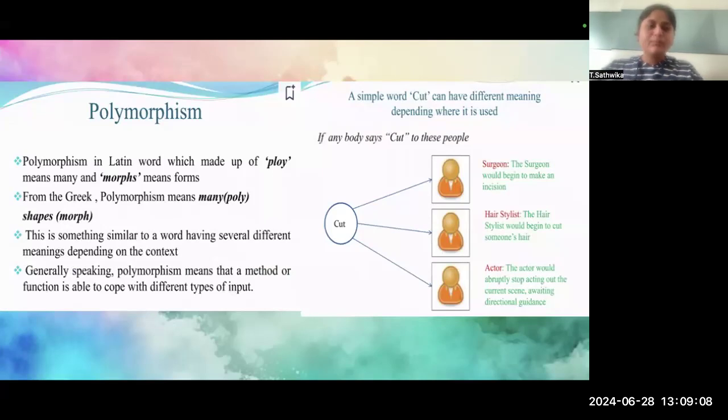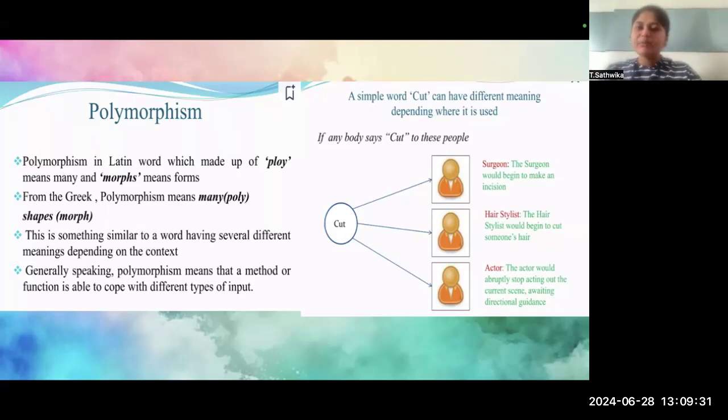From the Greek, it indicates many shapes. This is similar to a word having several different meanings depending on the context. Generally speaking, polymorphism means that a method or a function is able to cope with different types of inputs.